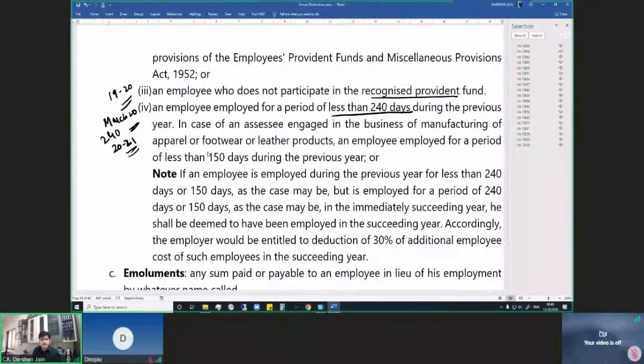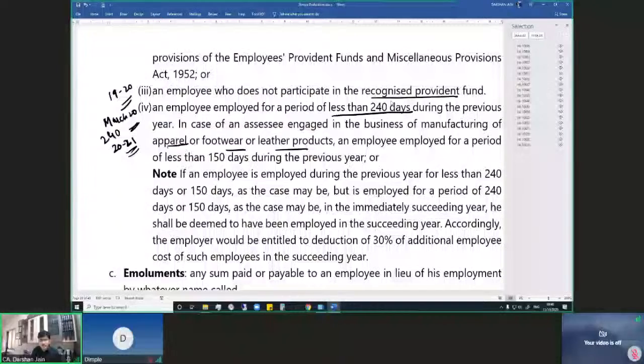However, in case of the apparel, footwear and leather product industry, which is engaged in manufacturing business of apparel, footwear and leather, an employee who has worked for less than 150 days would only be excluded. If an employee has worked for more than 150 days in the apparel, footwear or leather product industry, he would be treated as an additional employee.